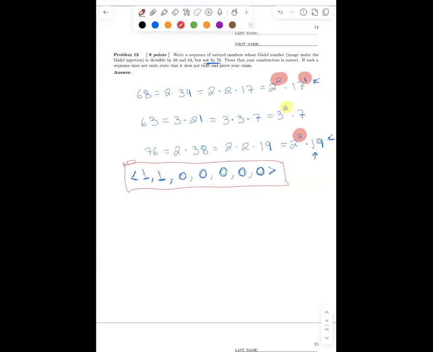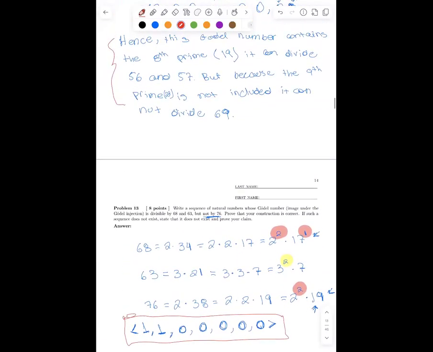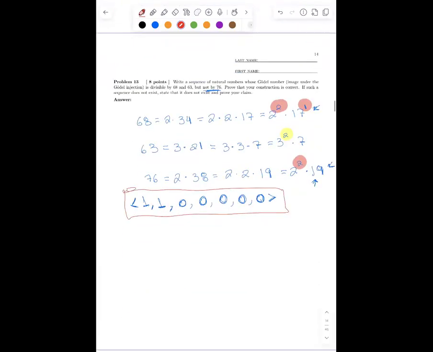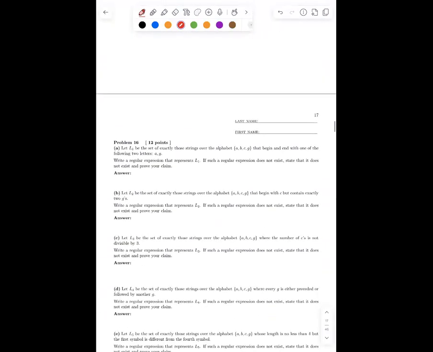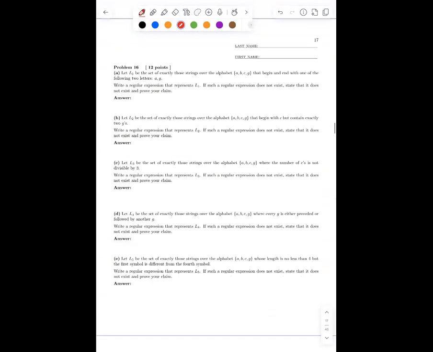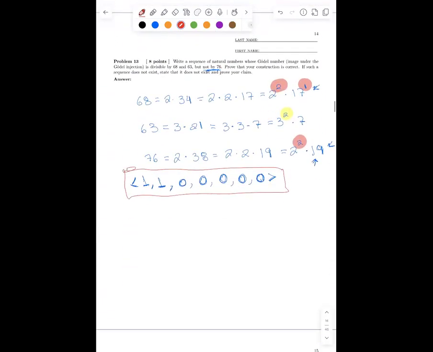Do you want me to write down the explanation, or do you have it from previous examples? Okay, and we'll move on with the next exercise. Let's go to this. Okay, I will write one more explanation.